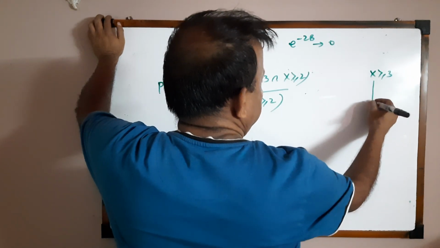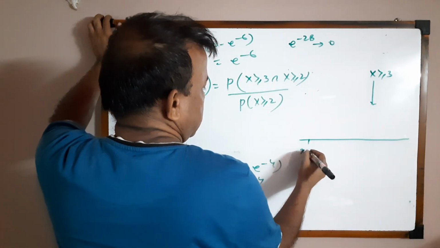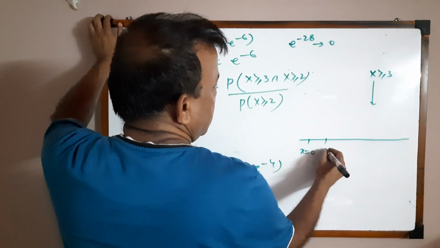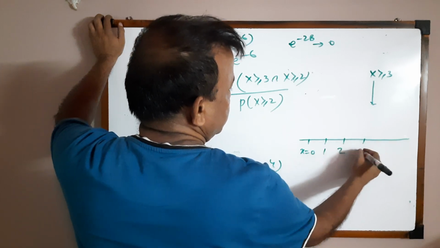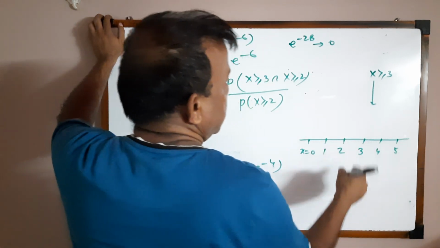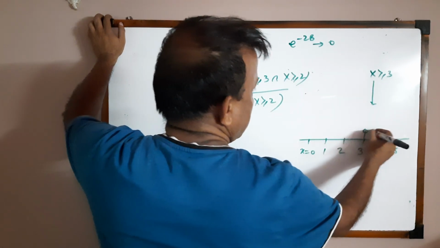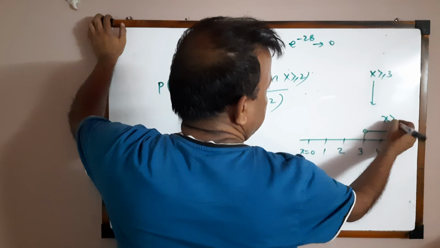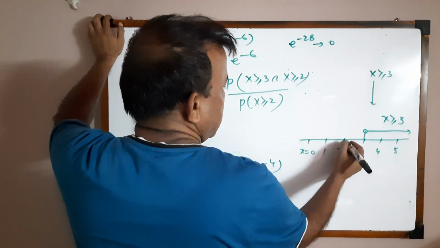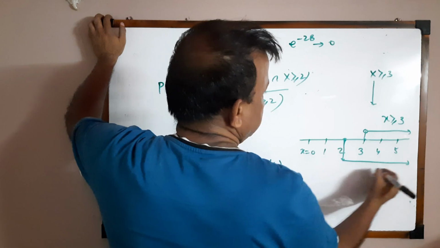We can derive it from the number line of X: 0, 1, 2, 3, 4, 5, etc. X greater than or equal to 3, and X greater than or equal to 2.